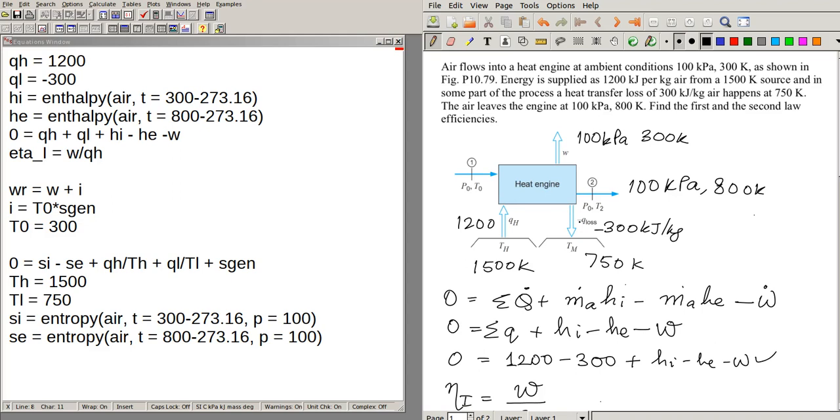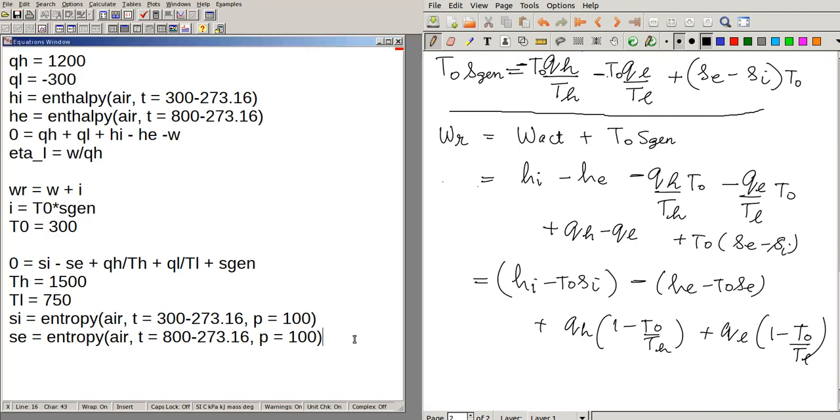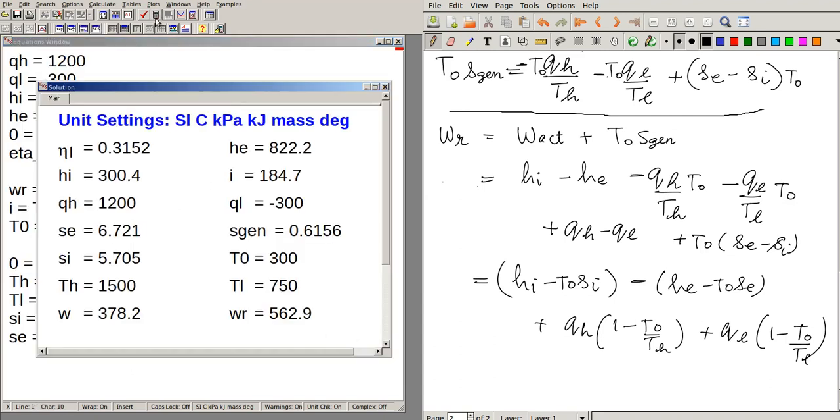So the inlet and the exit of the heat engine are at 100 kilopascal. So that gives us the entropy at the inlet and the exit. Unlike the enthalpy, the entropy is a function of both pressure and temperature, as you might have seen in the theory class. So with this, we should now be able to obtain Sgen. Let's see. Yes, we do have Sgen.